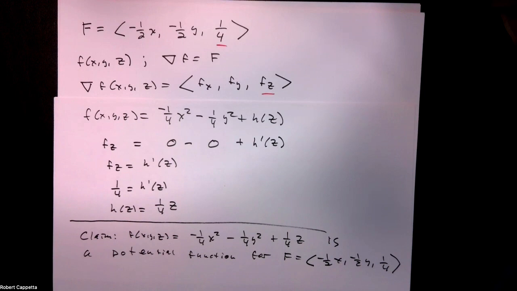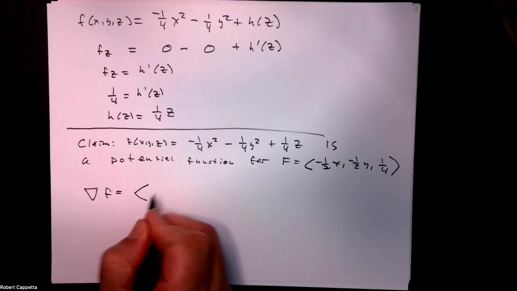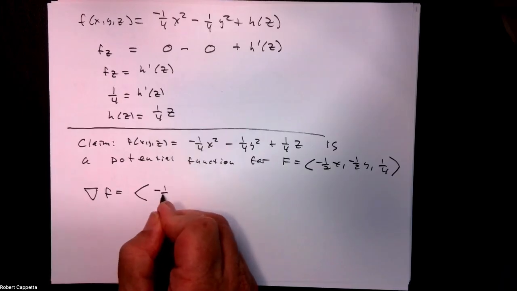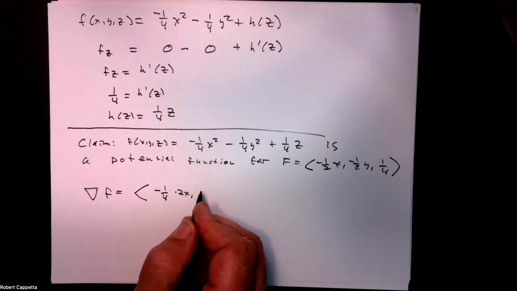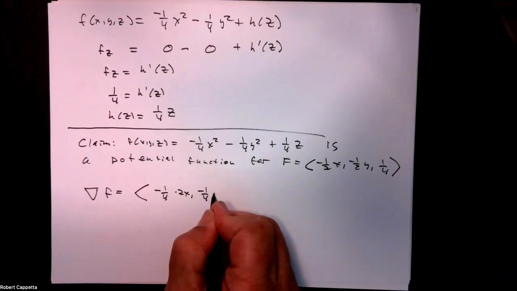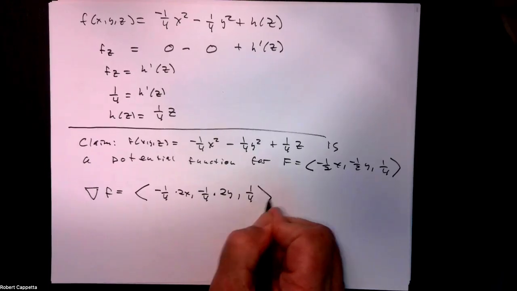So let's take a look at that and see what we get. So what is the gradient of f? In the x direction, negative 1/4 times 2x. In the y direction, negative 1/4 times 2y. And in the z direction, 1/4.